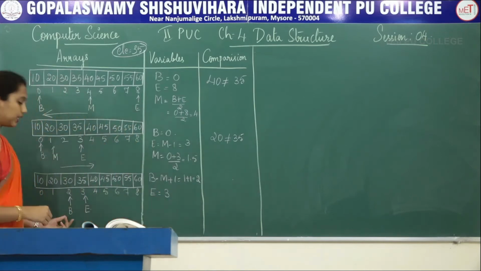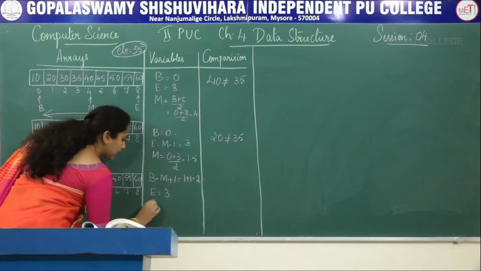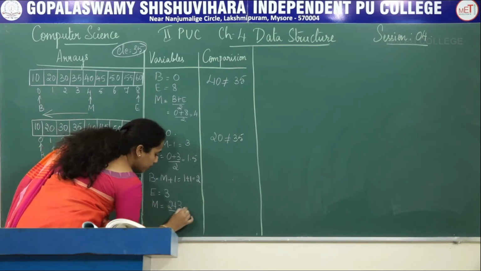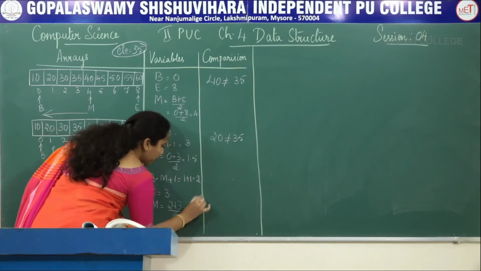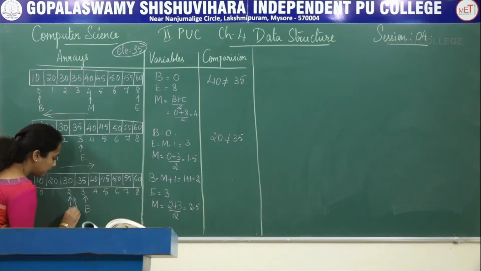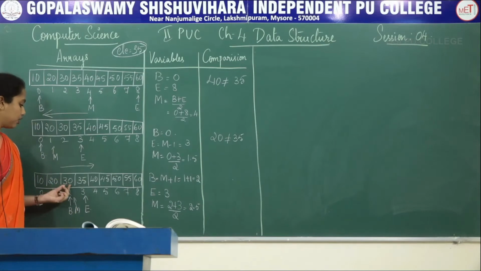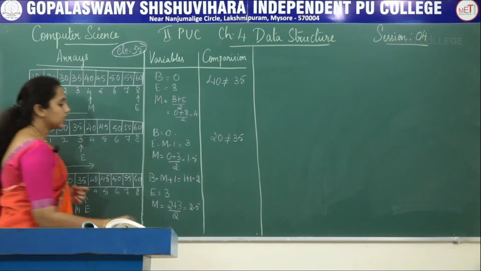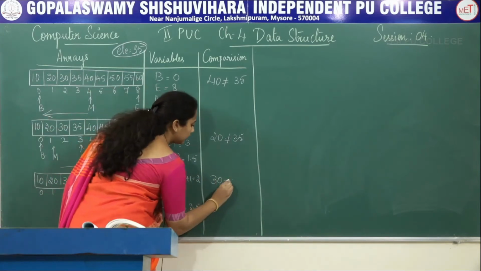So what is the middle position? M is equal to 2 plus 3 by 2, which is 2.5. So consider the second position as the middle element. Compare 30 with 35. 30 does not equal 35.